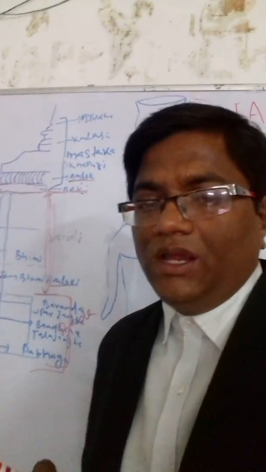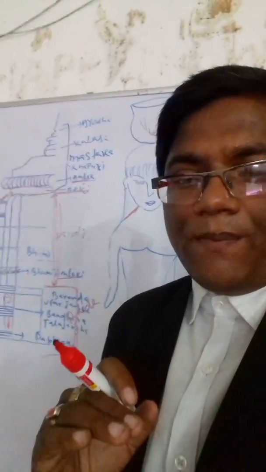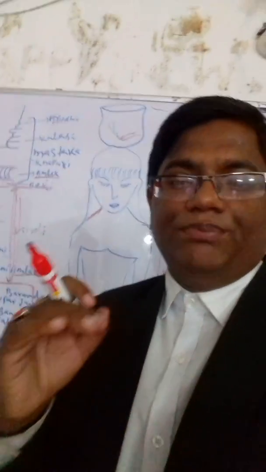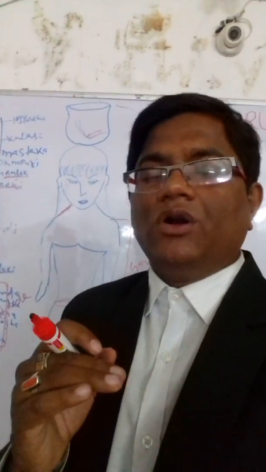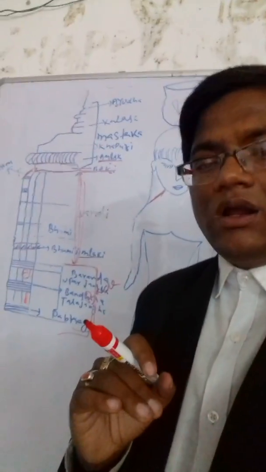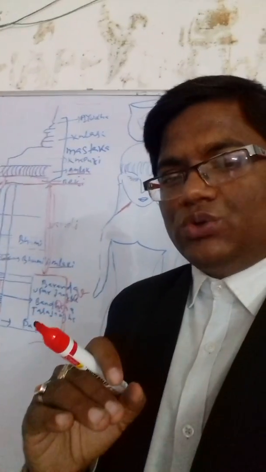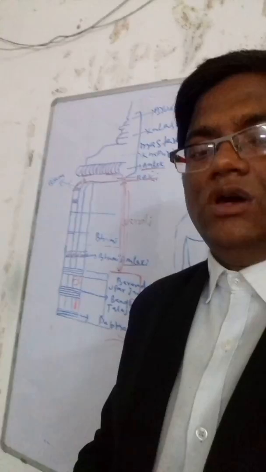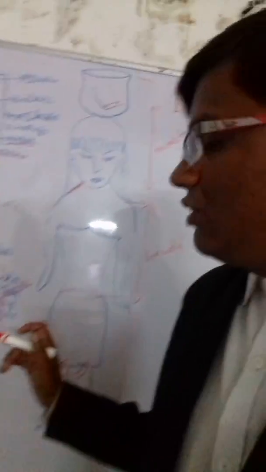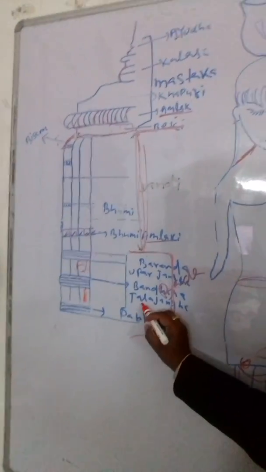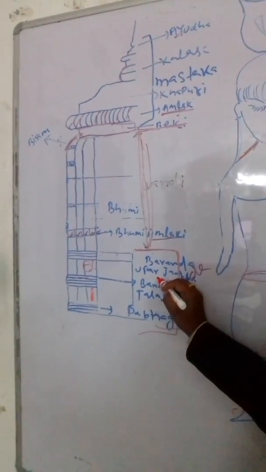Simply, if we see the structure of a temple, we observe that it can be divided into three parts. The lower part is known as your bado. Above bado is gandi, and above gandi is mastaka. The gandi starts with the baranda, and below baranda till the pabhaga, it is known as your bado portion. Again, this bado is divided into pabhaga, tolojangho, bandhana, uprojangho, and baranda.